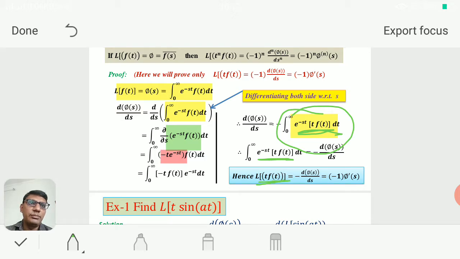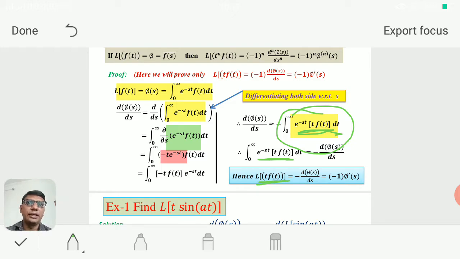So when we multiply f(t) one time by t, then on the right side we differentiate Laplace of f(t) one time and with a minus sign. We proved the whole theorem here.